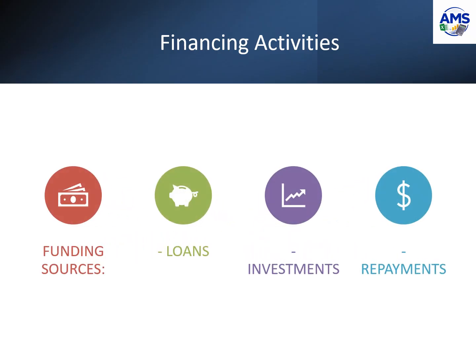Let's look at the third section of the cash flow statement, which is the financing activities. The financing activities means money from investors or loans. This section shows how the business is funded.